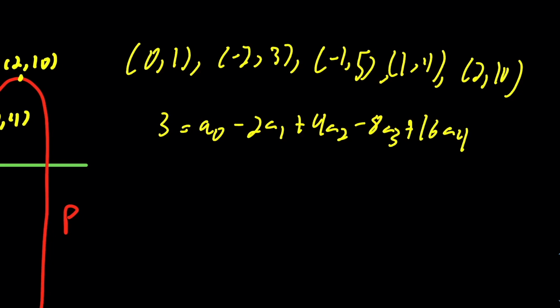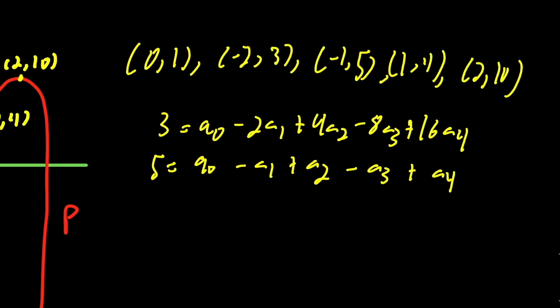Okay. Now what about when x is equal to negative 1? When x is equal to negative 1, p is equal to 5. And we simply plug in negative 1 to our x values within the fourth degree polynomial. So as a result, we get a naught minus a1 plus a2 minus a3 plus a4.